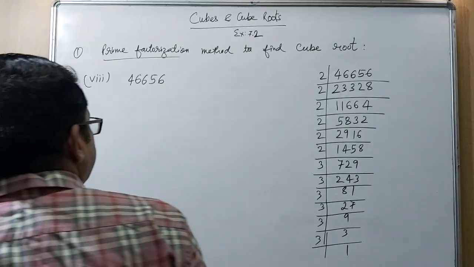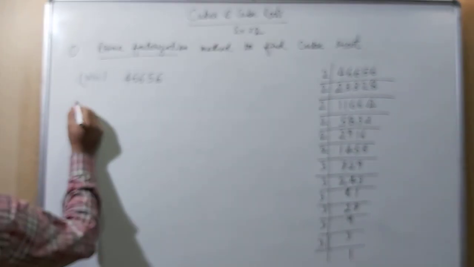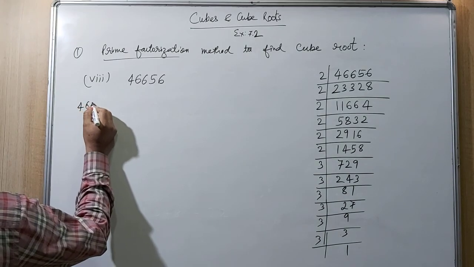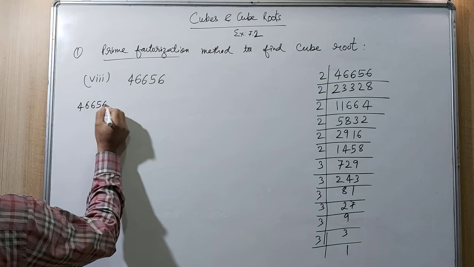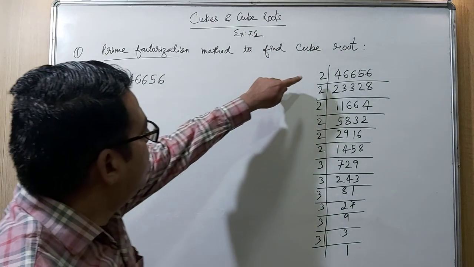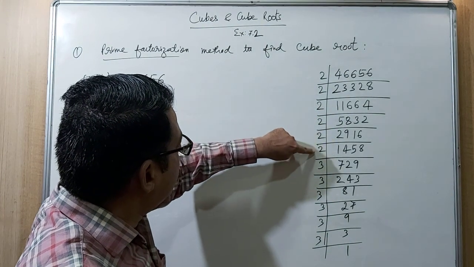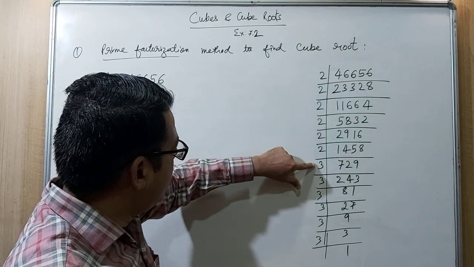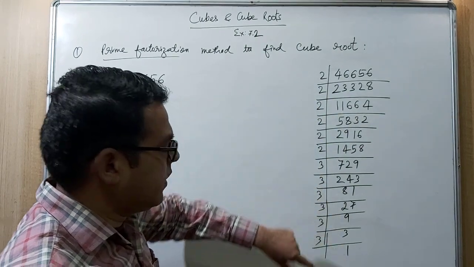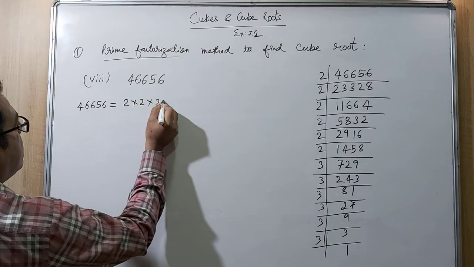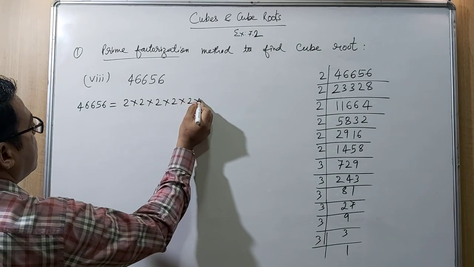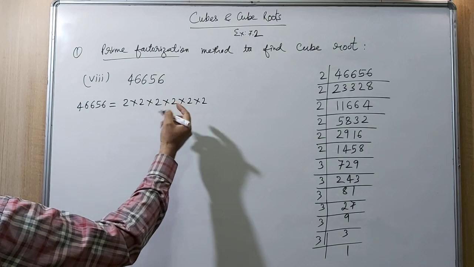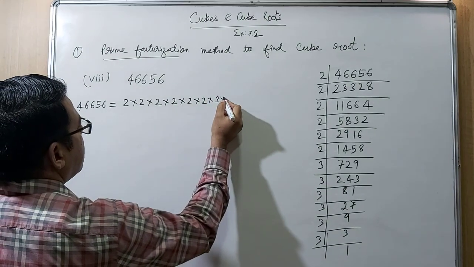So the factors of 46,656 are 2 six times, and 3 six times.